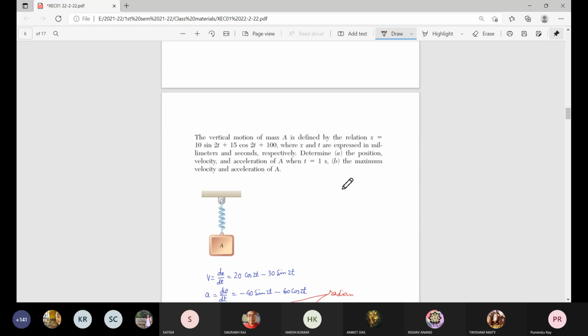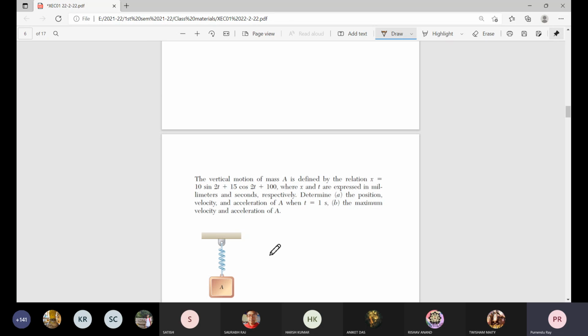Now here, that displacement, this is a simple arrangement. One object having mass A is hanging from the ceiling attached with a spring. Now definitely if we pull it down, stretch it and release it, it will start oscillating about its neutral position, and that is given in the form of a combination of sine curve and cosine curve: 10 sine 2t plus 15 cos 2t plus 100.